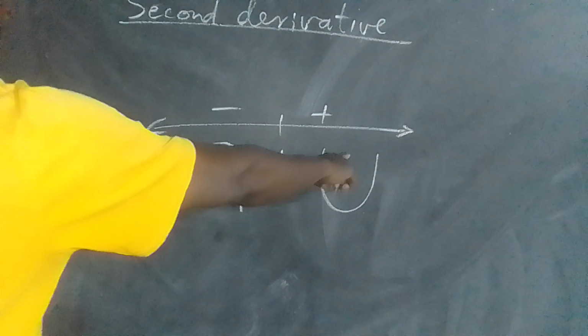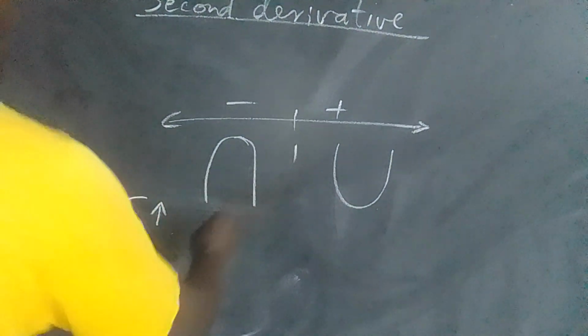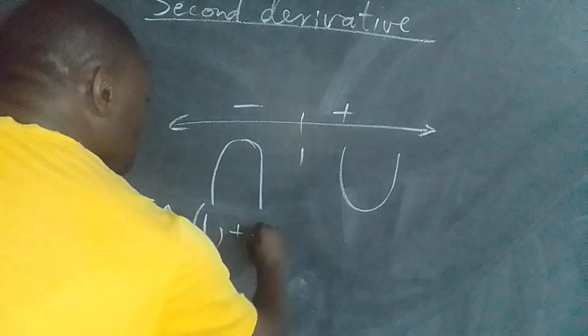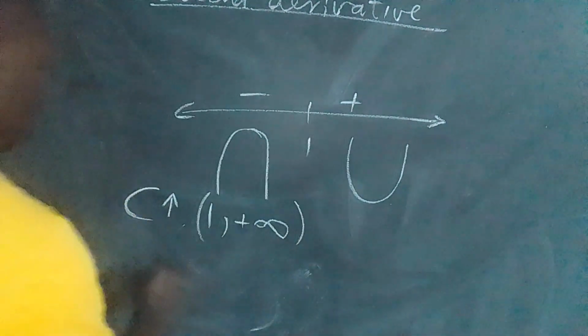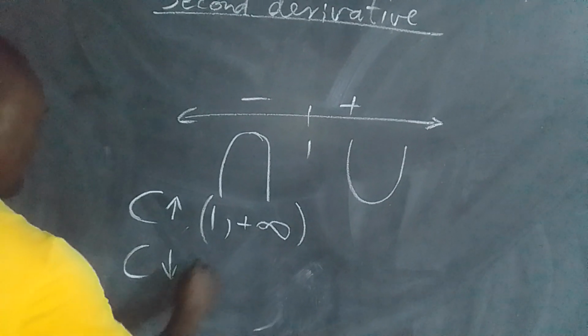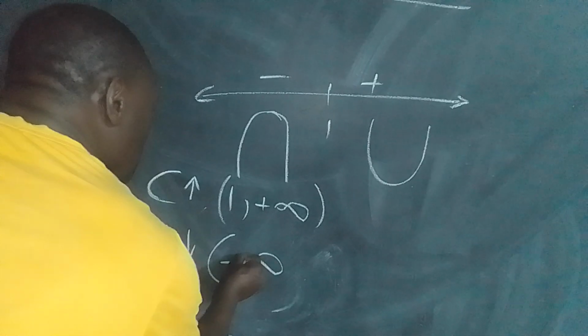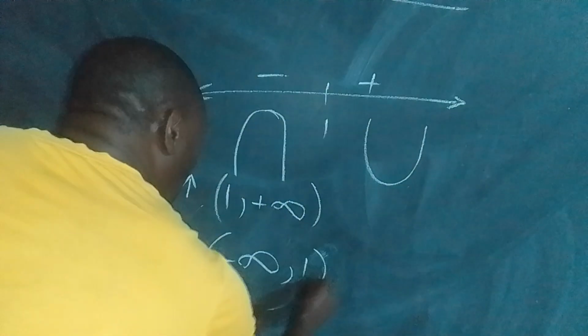It's up at 1 to positive infinity. The concavity down is happening at negative infinity to 1.